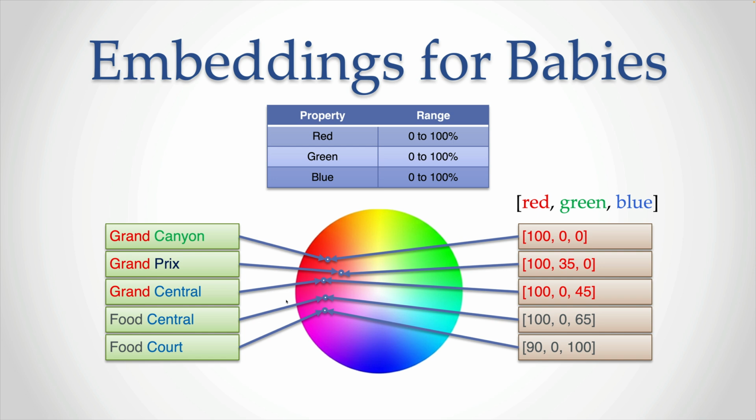That's not exactly right, but let's just go with it. Grand Prairie has a lot of red, but a little bit of green, and so on. It might not be exact. I'm not trying to say these are the exact values. I'm just trying to give an illustration, and so on, right? And you can see that as we move down to the bottom, at the food court, we have more blue and no green, for example.